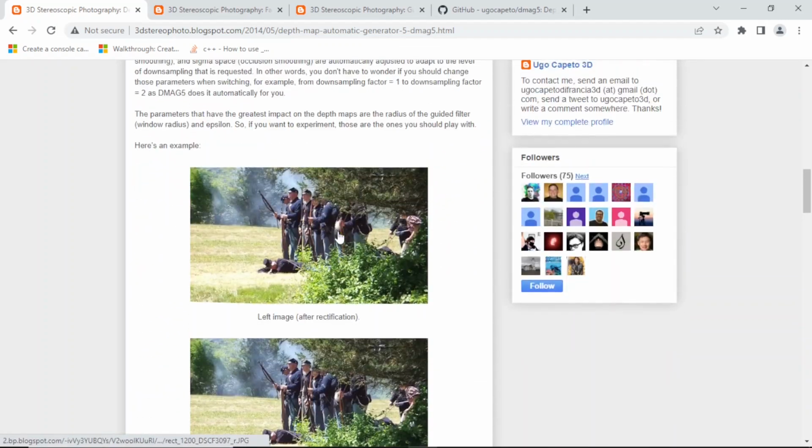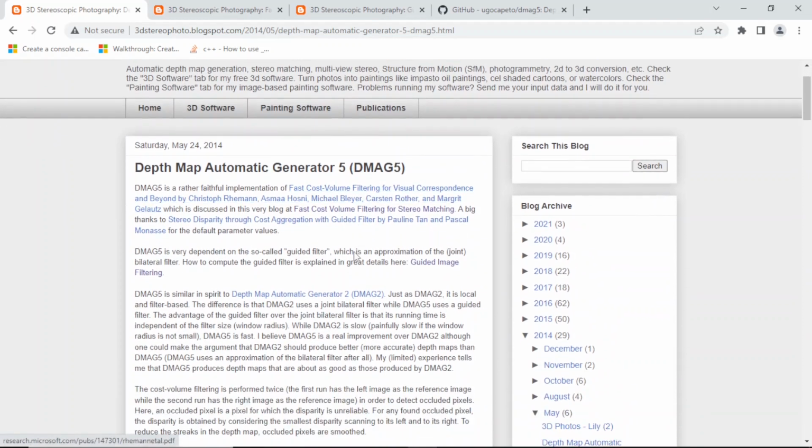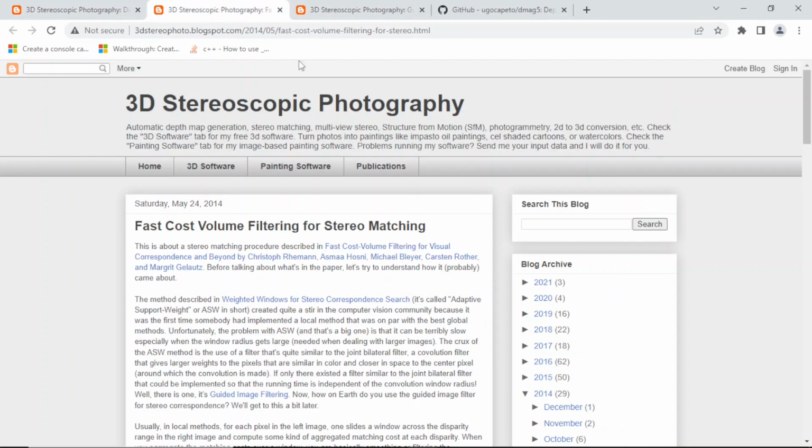Okay, so now we can go into this one first. I'm discussing a little bit. No, it's this one, fast cost volume filtering. Here I'm discussing what's in that paper.